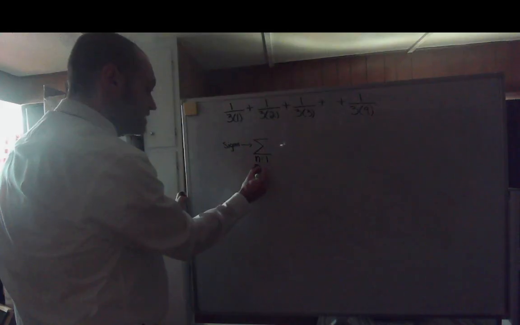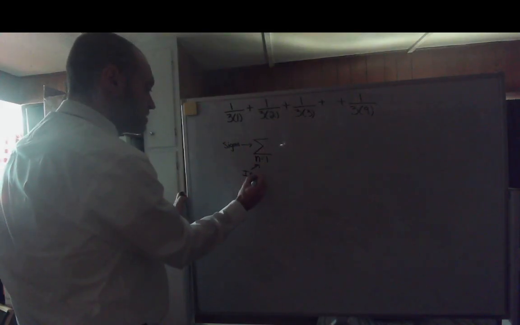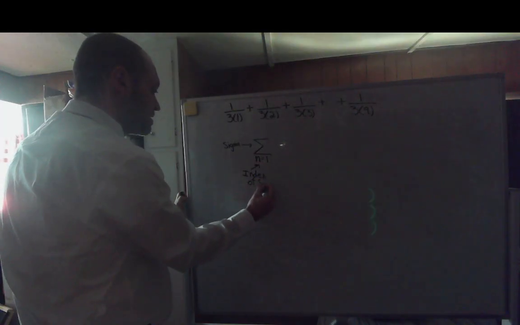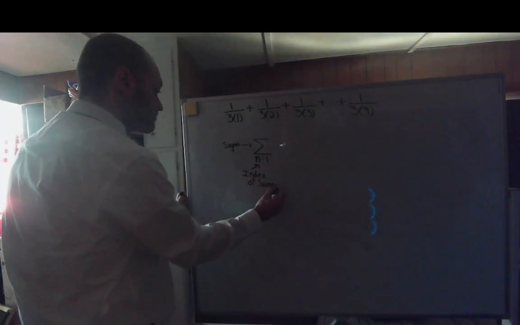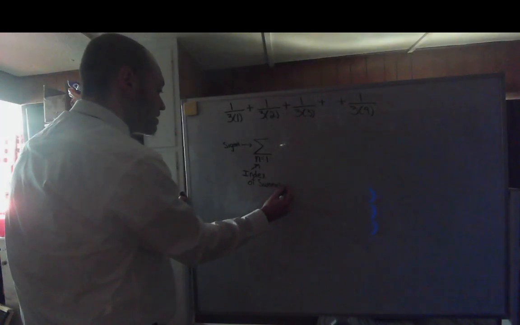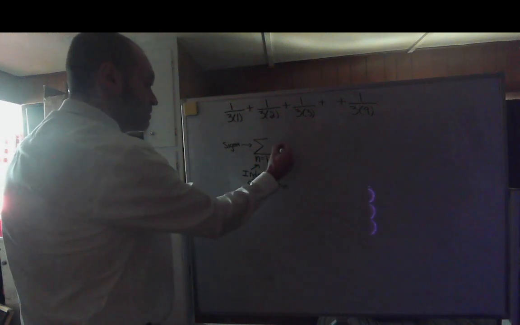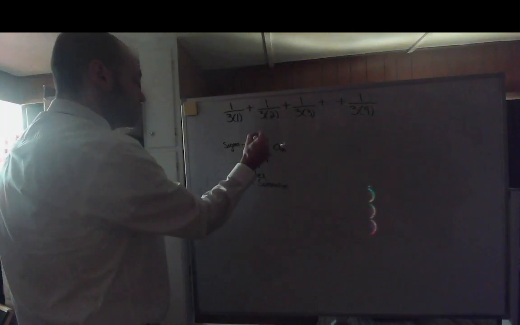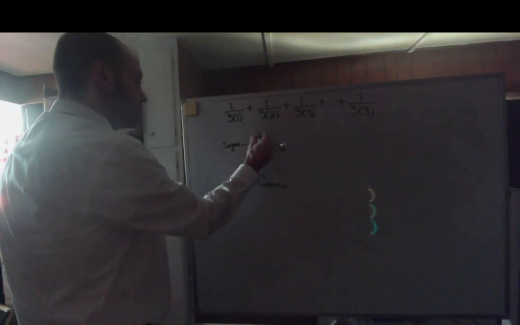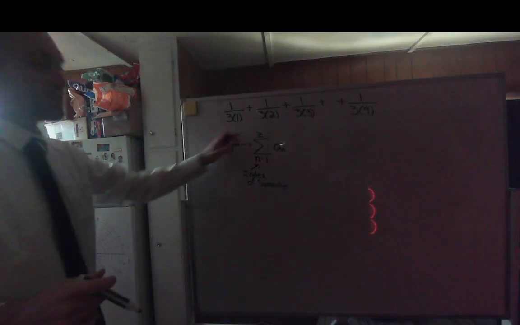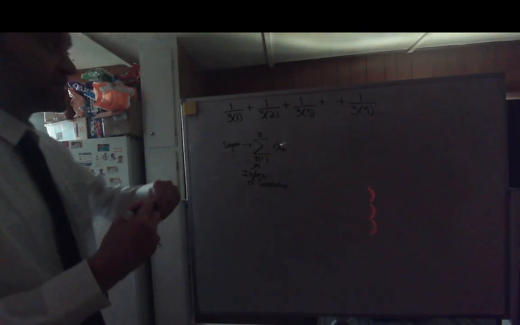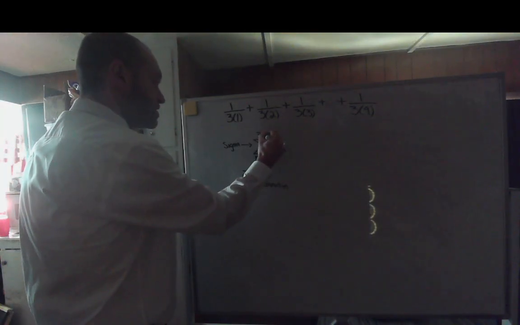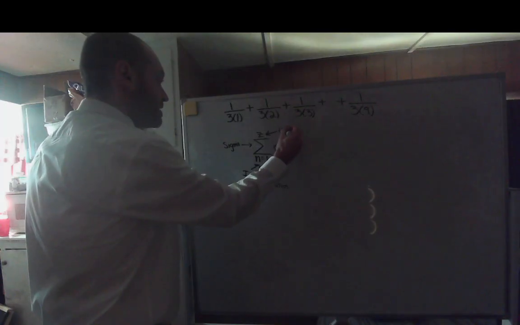That's called the index of summation. And then sum a sub n, and then it's going to go to some number, whether it's infinity or in this case 9. That number above the sigma notation is called your upper limit of summation.